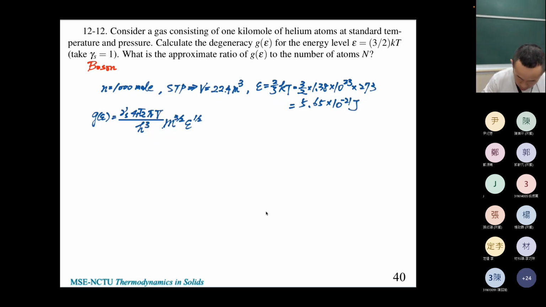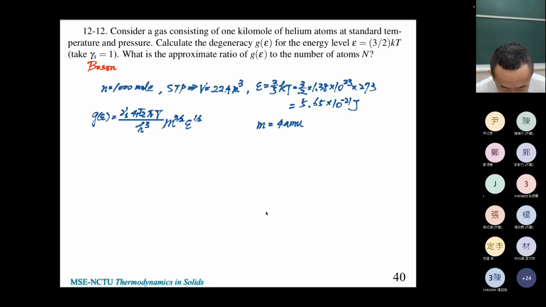So let's continue. For 1 kilomole of helium, M equals 4 AMU. You can check it by Googling it on the internet.